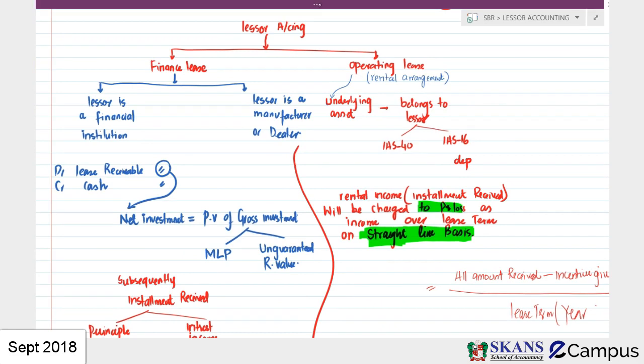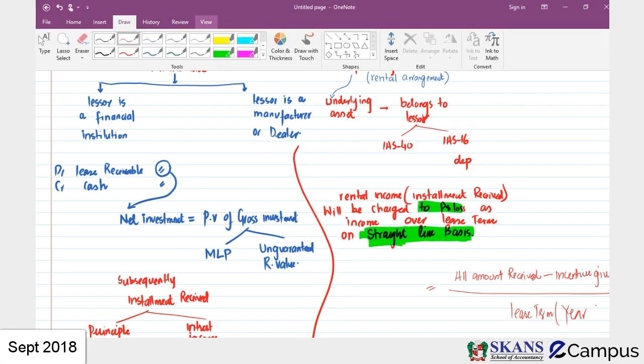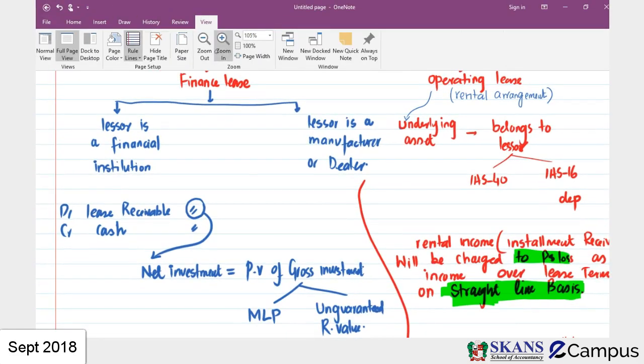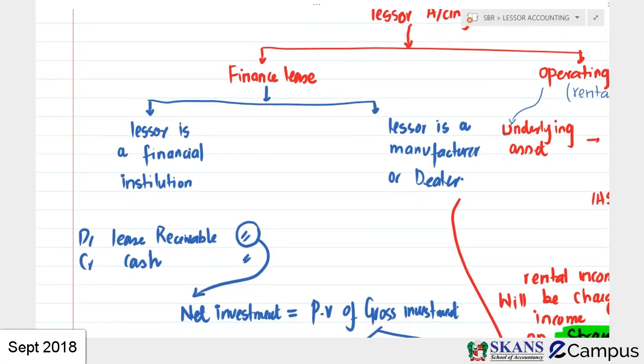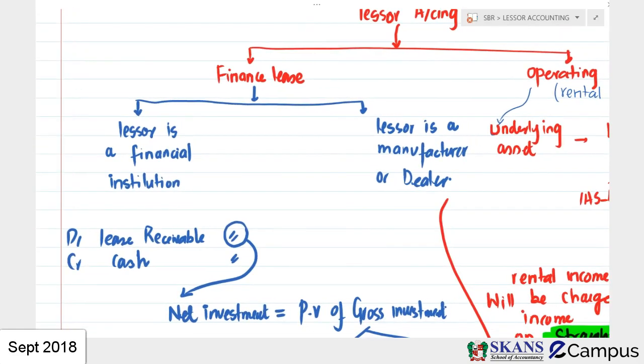Now, if it's a finance lease, it means the substantial risks and rewards have been transferred. It means we have actually sold an asset as a lessor. So it's a sale arrangement, you can say. In a finance lease, you need to check whether the lessor is a financial institution like a bank, or the lessor is a manufacturer or dealer.